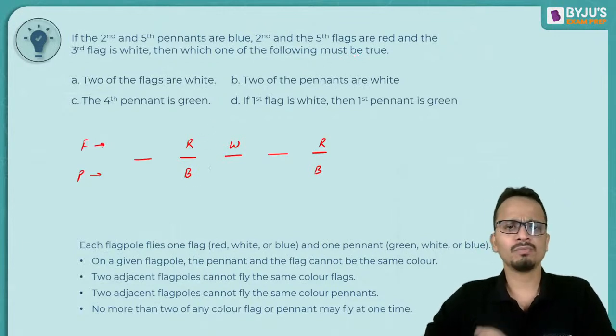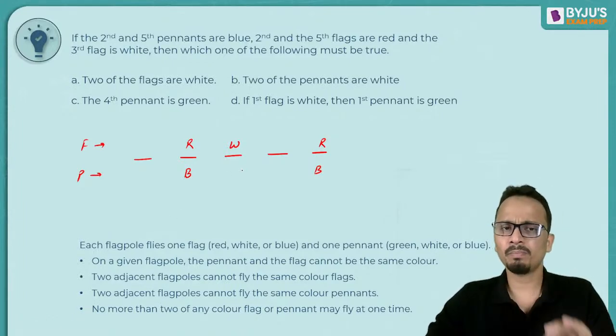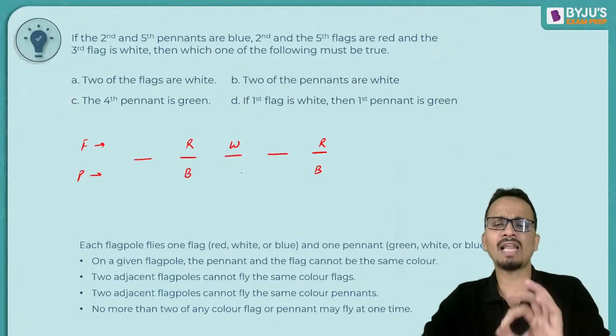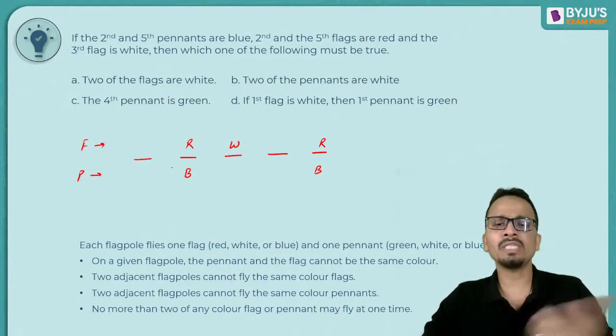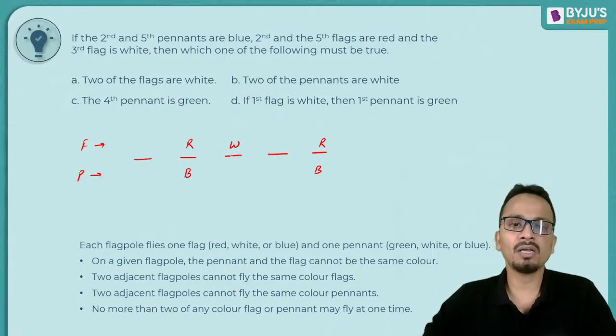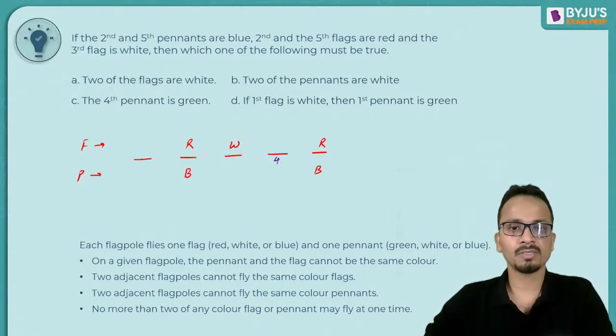Okay, now before I go to the options, let us try to see if we can place some other colors, flag and pennants. Okay, now can anyone tell me what should be the color of the flag of flagpole 4? Here, fourth number पे color क्या होगा?